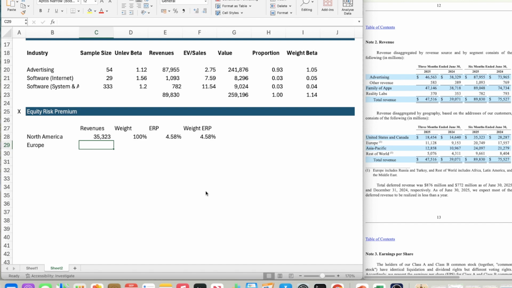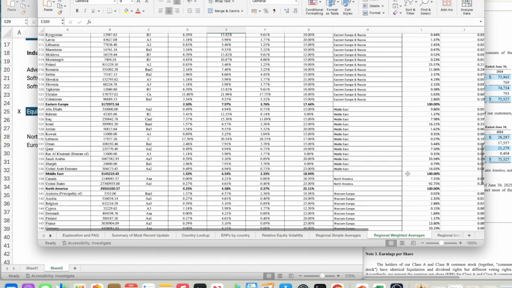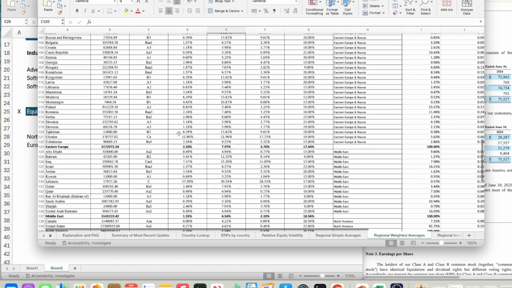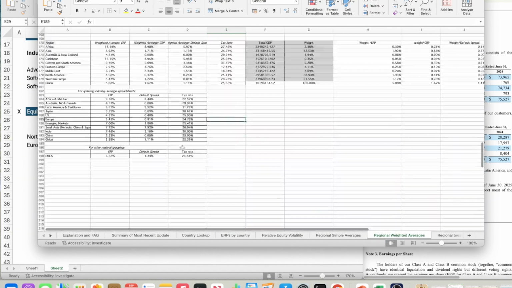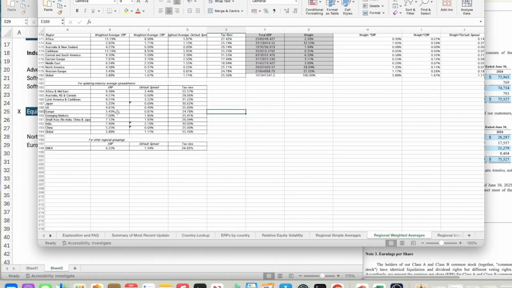And revenues are 27,409. Actually, no, we can't do the weight yet. We have to calculate that in a second. The ERP is... I'm just going to take a Europe number. We had it at the bottom, didn't we? I'm going to take a Europe number, 5.43%.